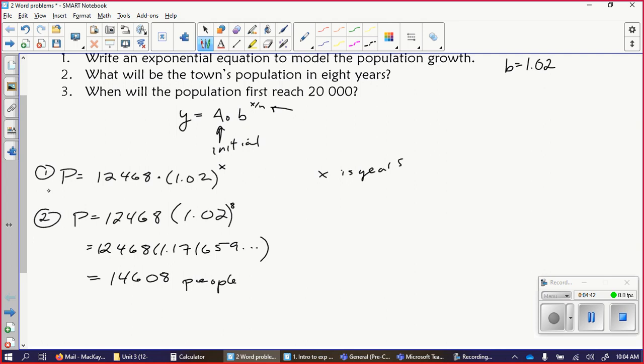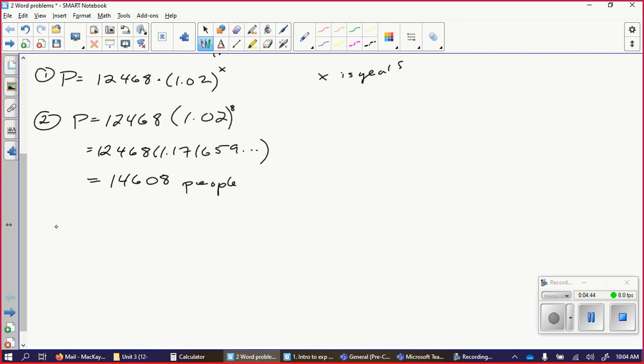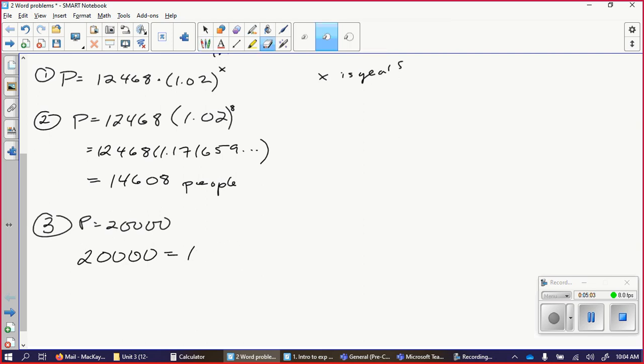When is the population going to reach 20,000? So in that case, this is where we couldn't solve it before. 12,468. Oh my gosh.